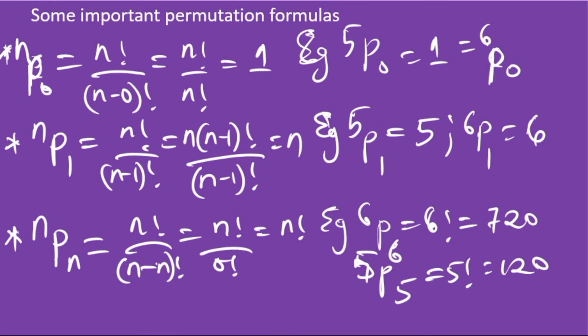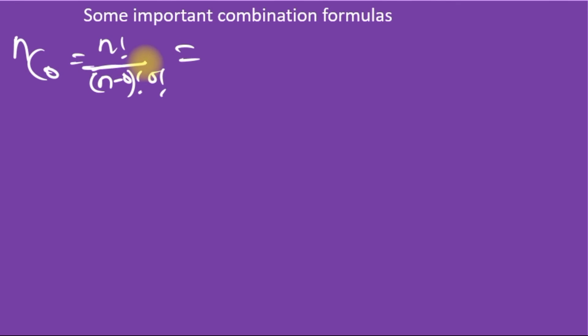Let's go over to combination. In that same way, let's get the formulas for combination. So we start with n combination 0, which is n factorial over n minus 0 factorial times 0 factorial. So this is n factorial over n factorial times 0 factorial.